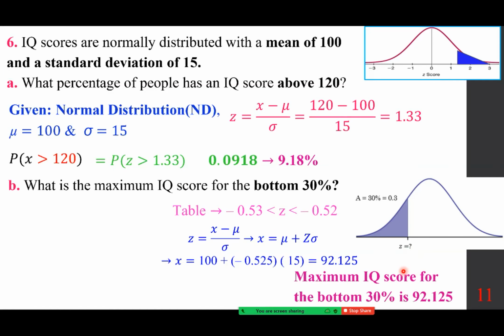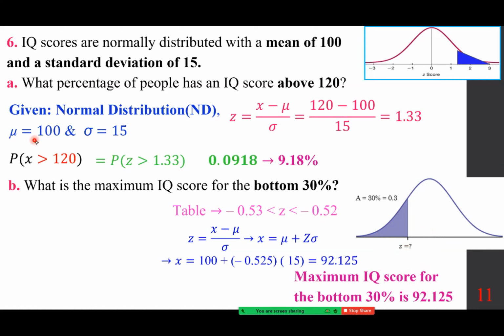I hope you realize why it's less than mu, which is 100, because the z-score is negative. The meaning of a negative z-score is that it is below the average or the mean. Remember, the mean is 100.